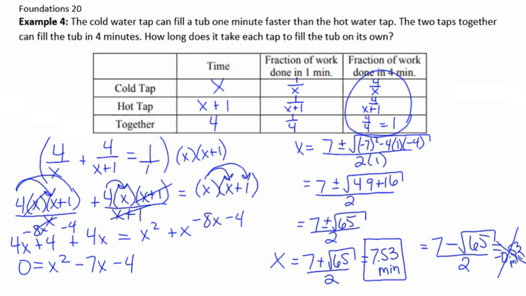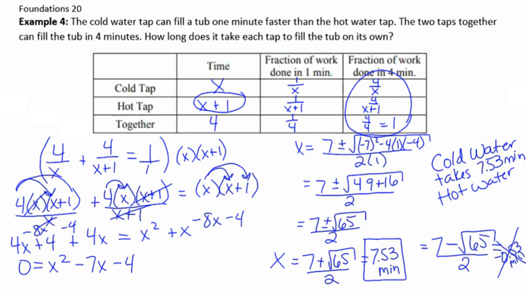So if the cold water takes 7.53 minutes, and we said the hot water was x plus 1, so whatever the cold is plus 1, then the hot water takes 8.53 minutes. That's how long they would take on their own.